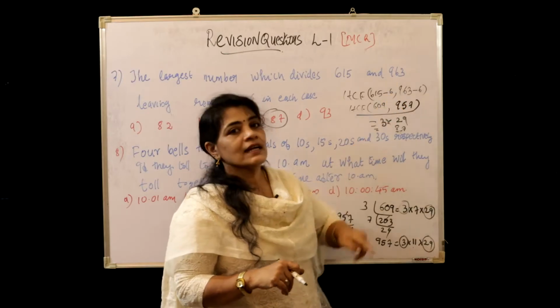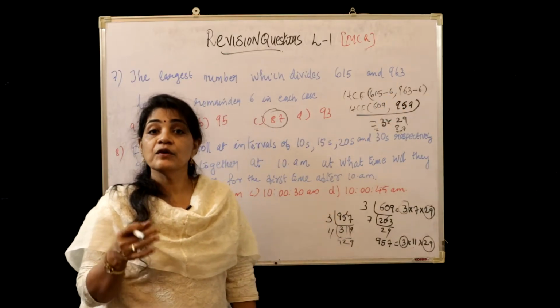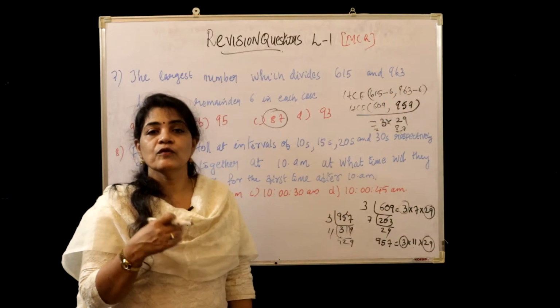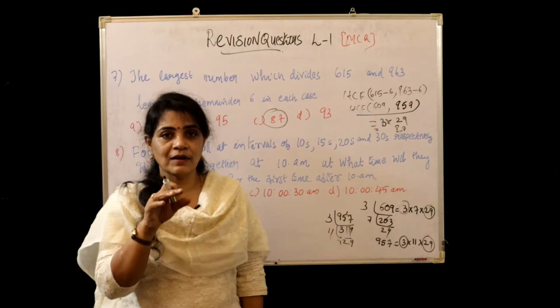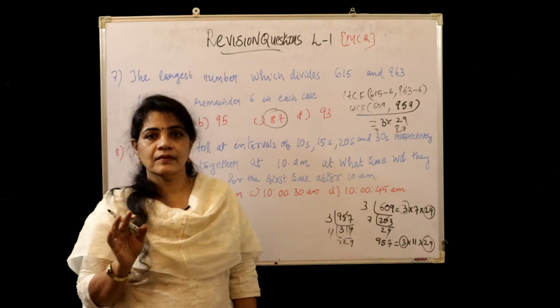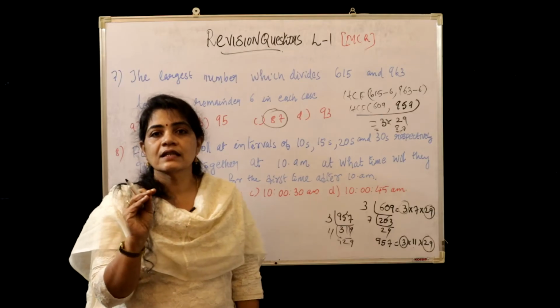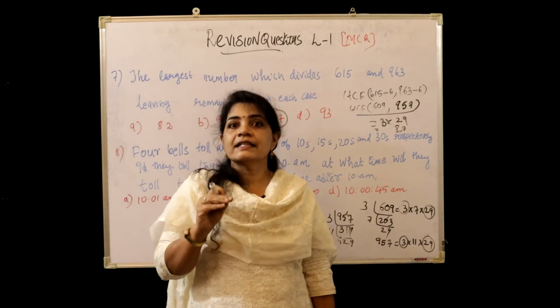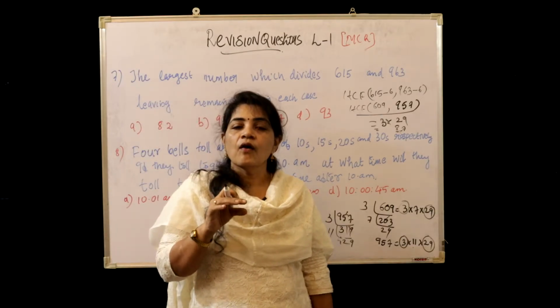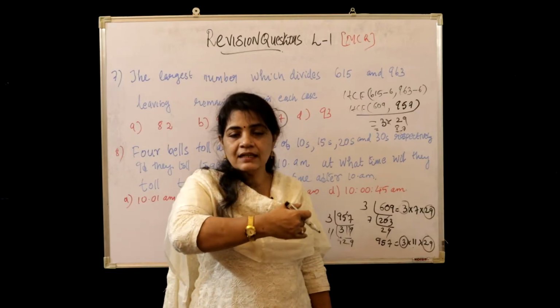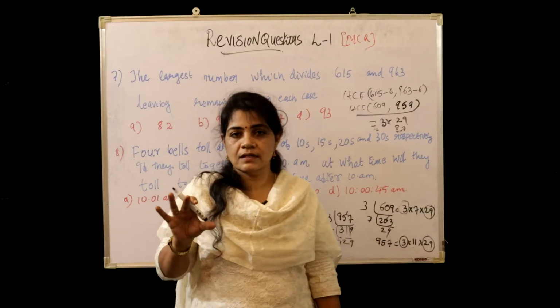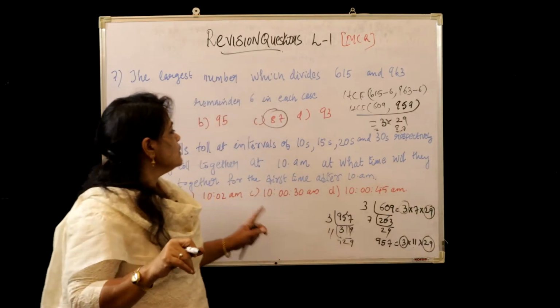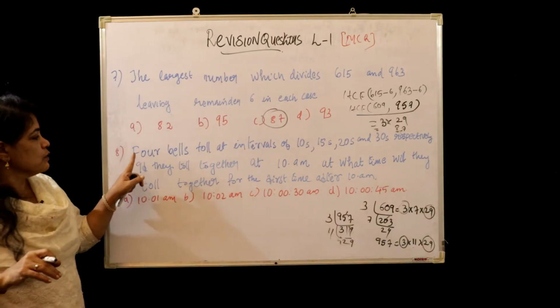The same way 963, when you divide with 87, you will get the remainder 6. So this is the way, children, that number will be the HCF of the numbers, by subtracting the given remainders from the numbers. Understood? Now the next problem is another important question.